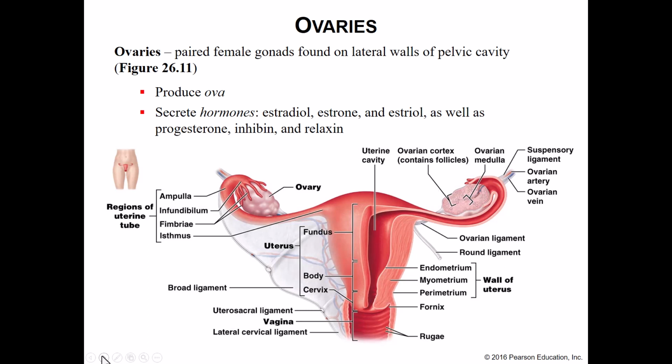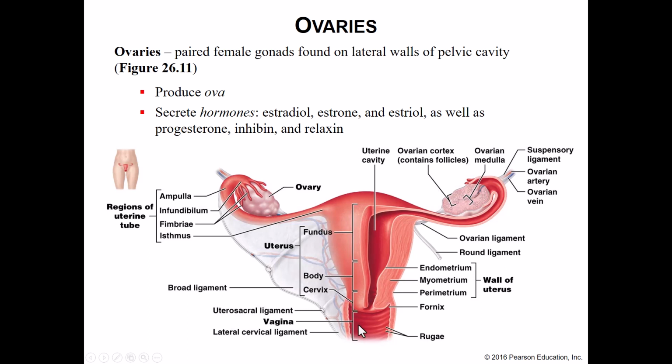So here is a more detailed picture of the female reproductive system. You can see the uterus is divided into three sections: the fundus, the body, and the cervix.